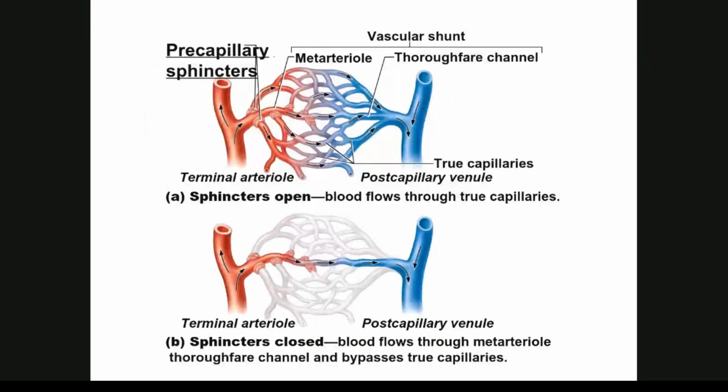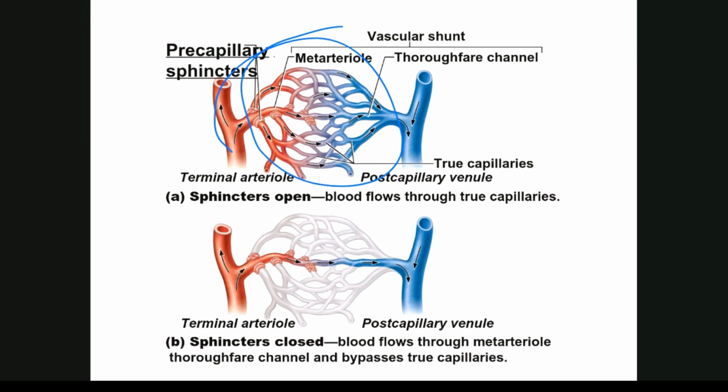Okay, now, if the body needs to divert blood around a particular area, it makes use of precapillary sphincters. Now, this is your capillary bed. The sphincters are wide open, and this entire area is in touch with the vascular system.